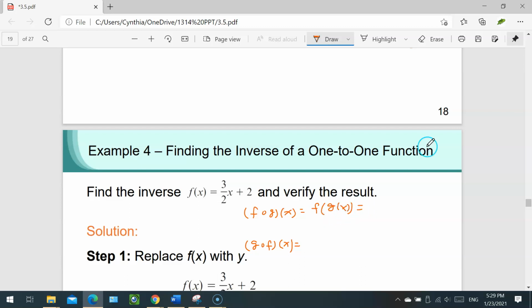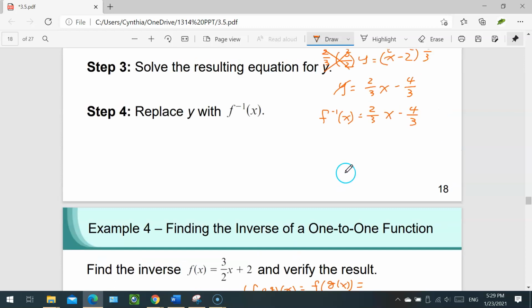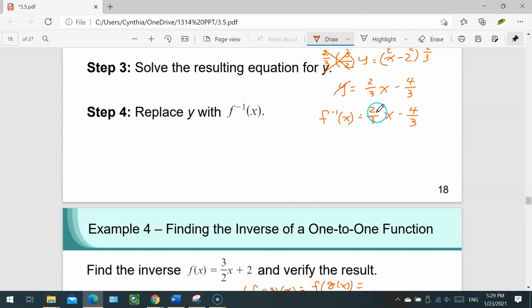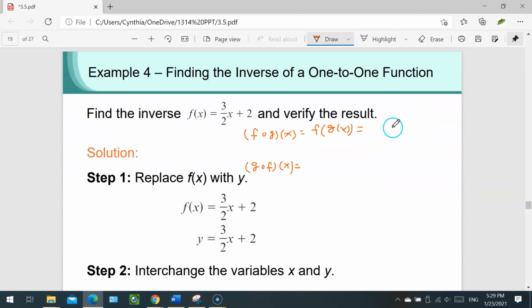Now start from the g function. G function means it's the inverse function here. So 2/3 x minus 4/3. I keep the f outside. Now we only have the f function remaining here.